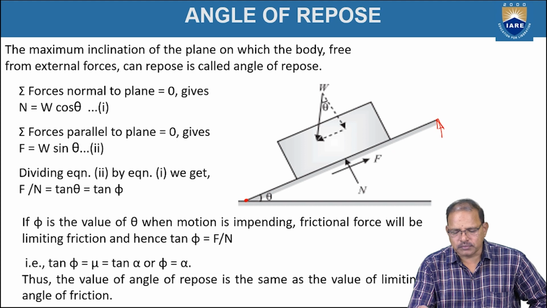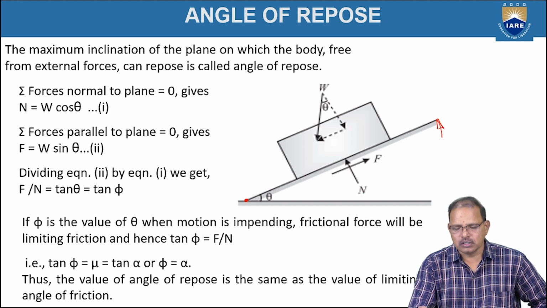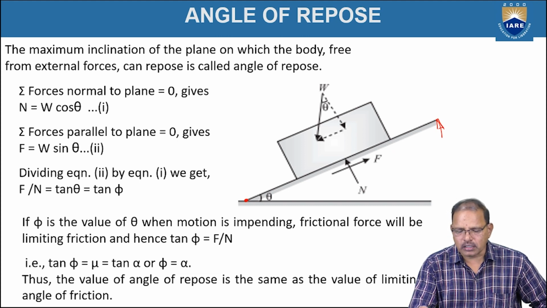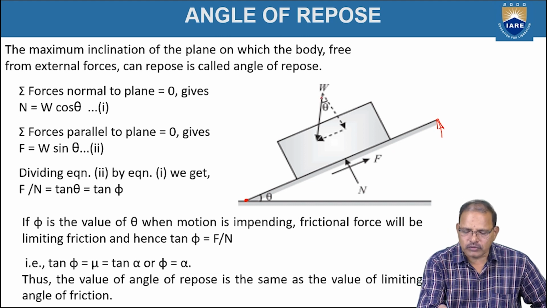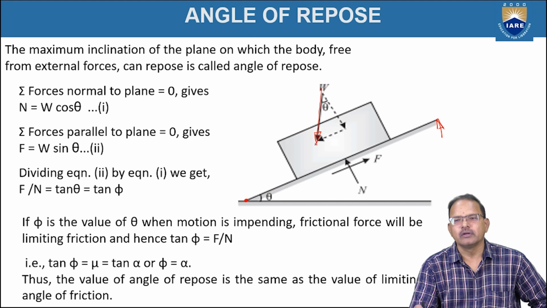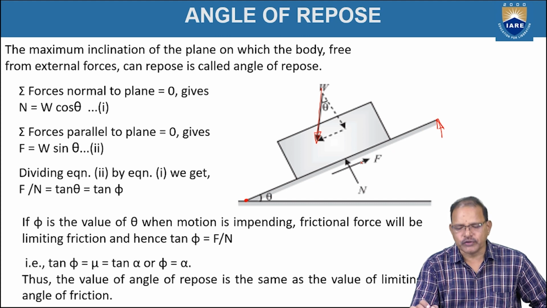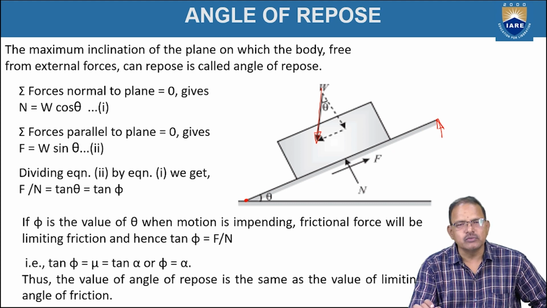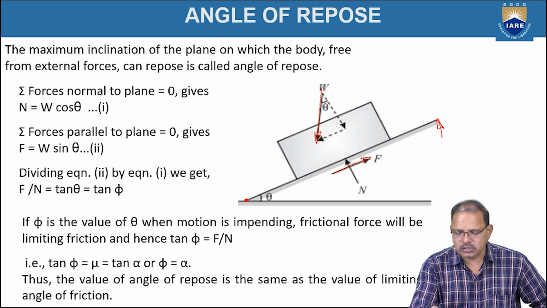At this position, the forces acting on it are as follows. The weight is always acting in the downward direction. N represents the normal reaction, and F represents the frictional force. Since the body tends to move downward, the frictional force always acts in the opposite direction to the direction in which the body tends to move.